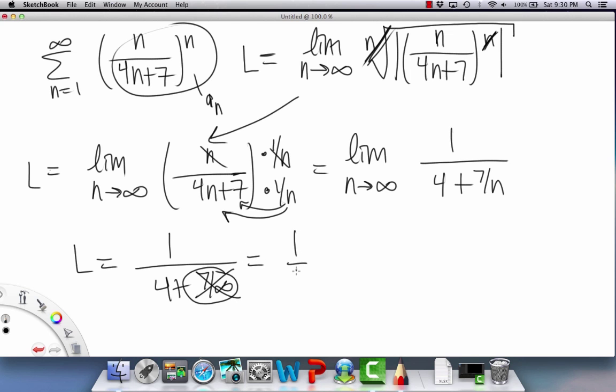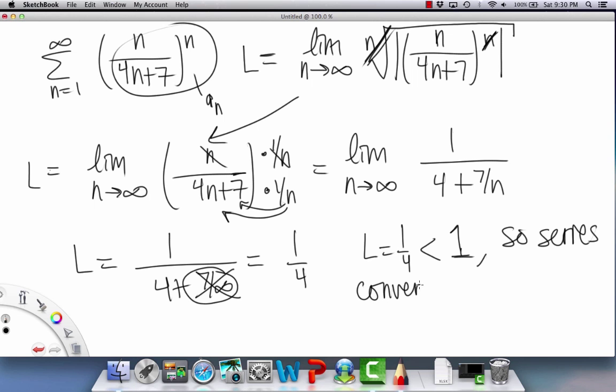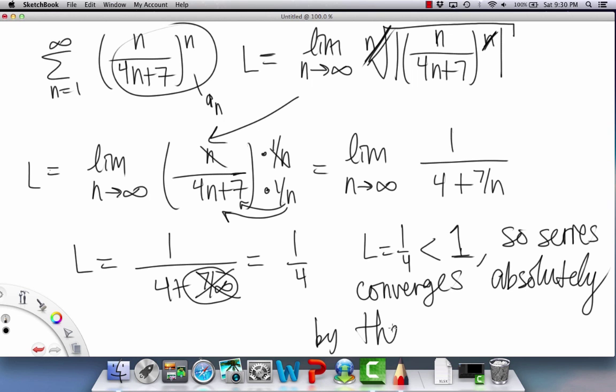So L equals 1 over 4, which is less than 1. So this is our first case. That would be that the series converges, and this is actually absolutely, because we use the absolute value, by the root test.